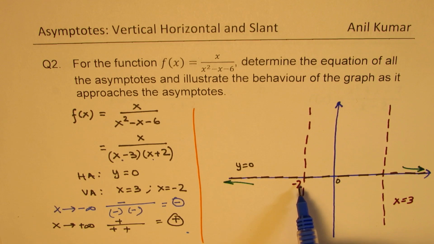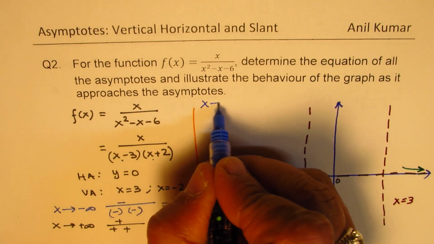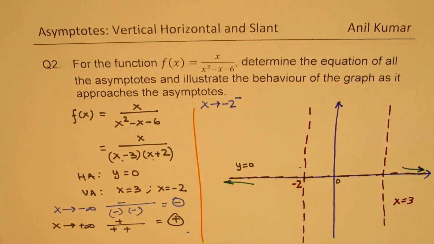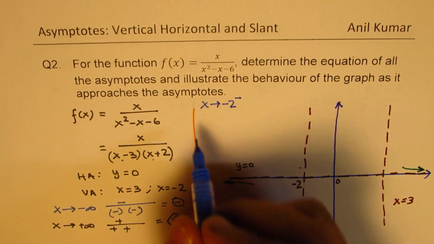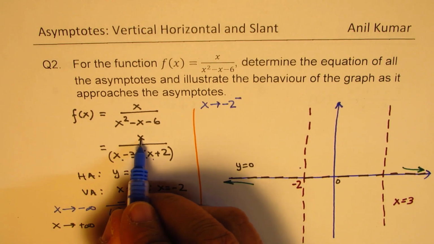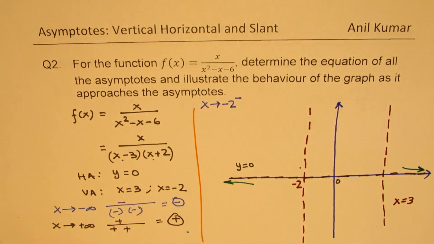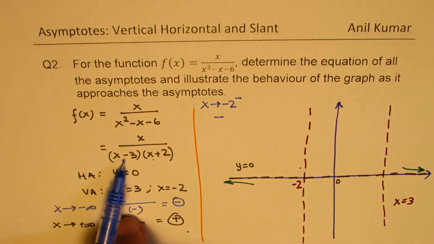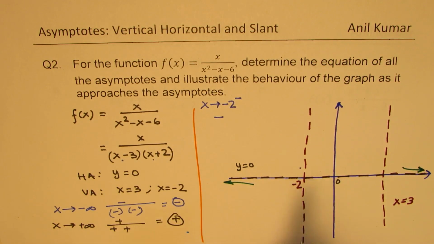So let's consider minus 2. When x approaches minus 2 from the left side, so from this side, correct? So this is negative. So in that case, for f of x, the numerator is negative. We have a value which is, let's say, think like this.